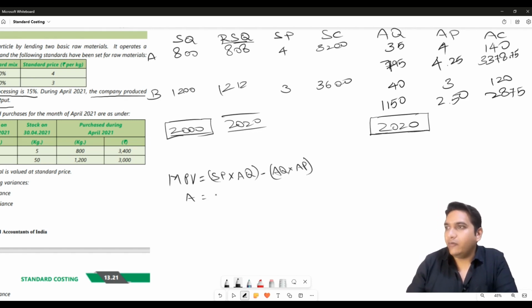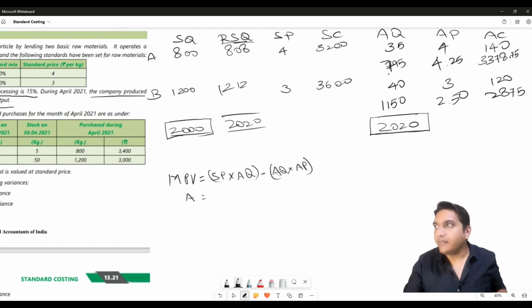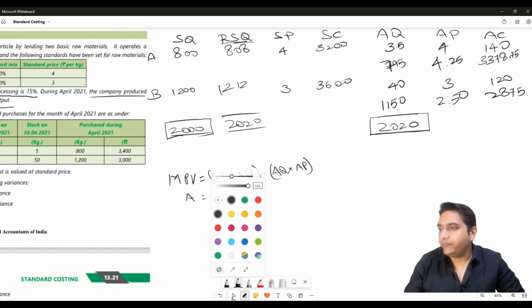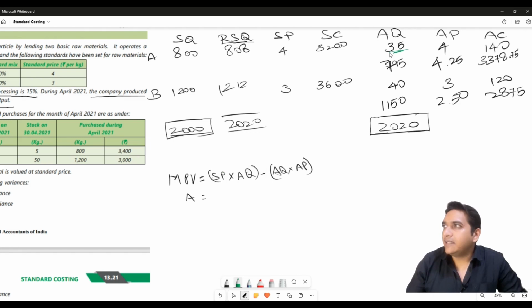So what is for A? What is the standard price? Standard price is 4 multiplied by actual quantity. We have two actual quantities here, 35 and 795. So which should I take? What we will see is the standard price for this 35 quantity, which is the opening stock.